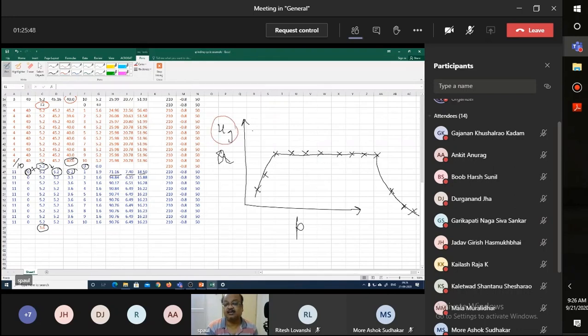Initially, it would be a bit high, then it will stabilize and remain stable. Why would it remain stable? It will remain stable because your actual material removal is remaining stable in the steady state. And then it will shoot up.